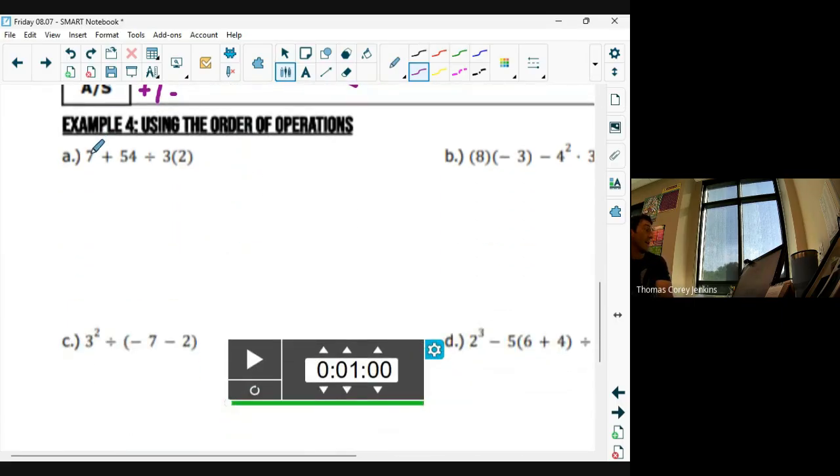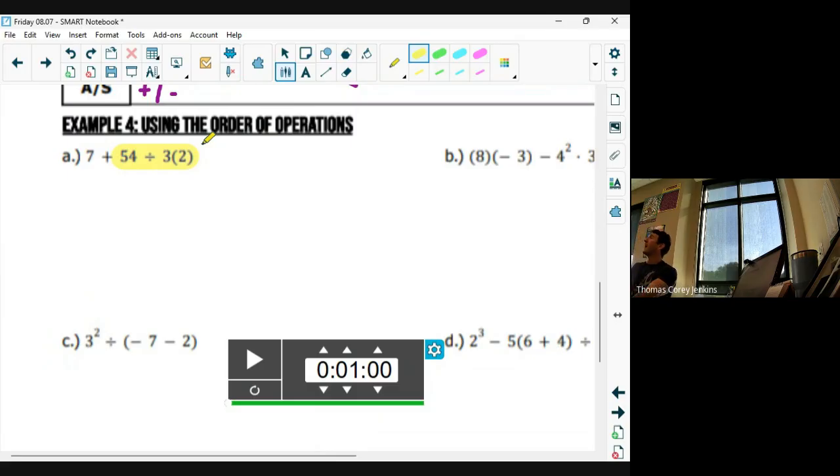Okay, so we have 7 plus 54 divided by 3 times 2. So we have multiplication and division that we need to handle first. We're going to add the 7 at the end. Here's where it gets a little dicey, right?